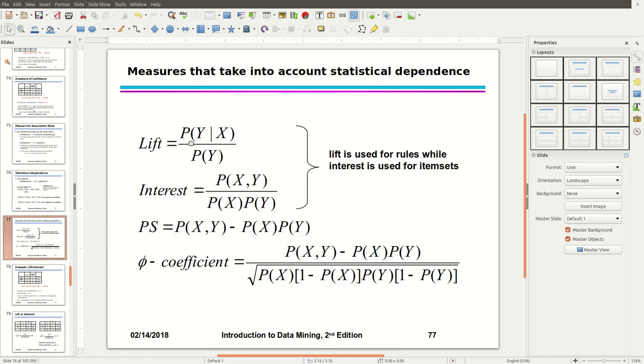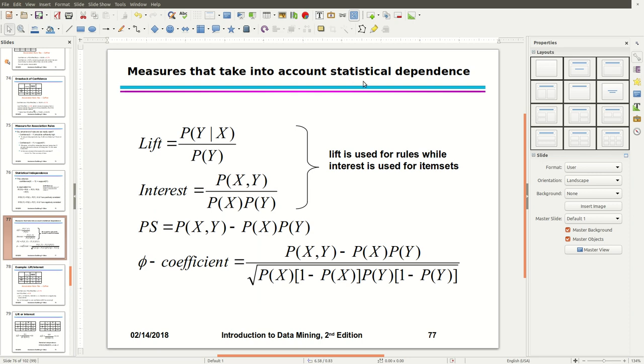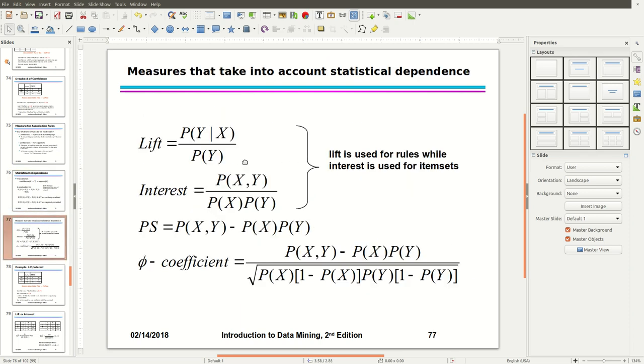So what is lift? Under statistical independence, we have an equivalent relationship, but in the case of statistical dependence, if they are not independent, like they are correlated, then I can come up with four different terms.